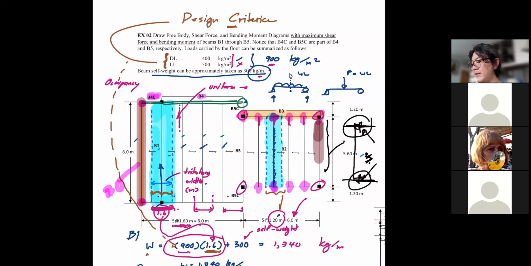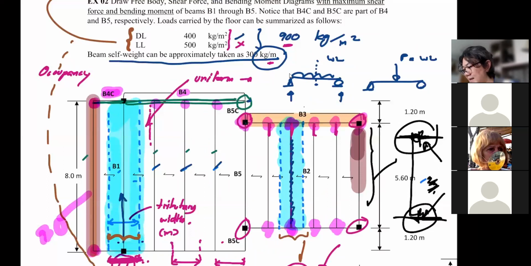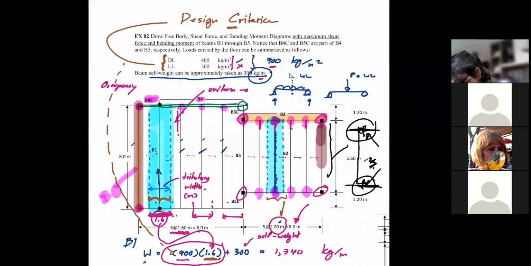And not only that, now you know that your B1s will have to be supported by B4 as well, because when you look at your B1 here, this one has to be supported by B4, right?